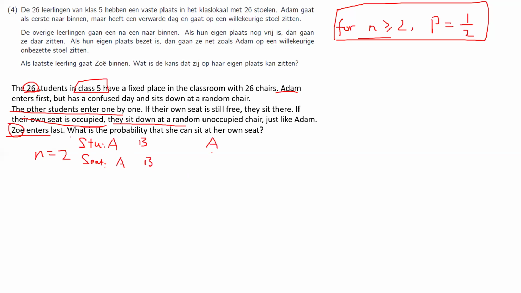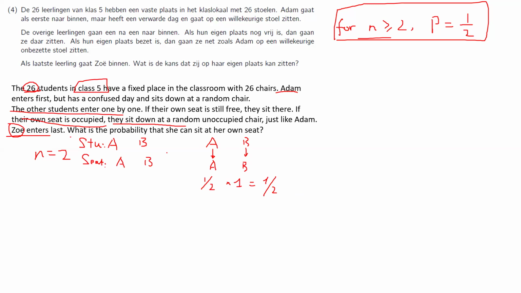When A selects his own seat A, we have a half probability for A choosing A, and of course B is then able to choose his own seat B, so the second step is 100%. So actually we have 1/2.